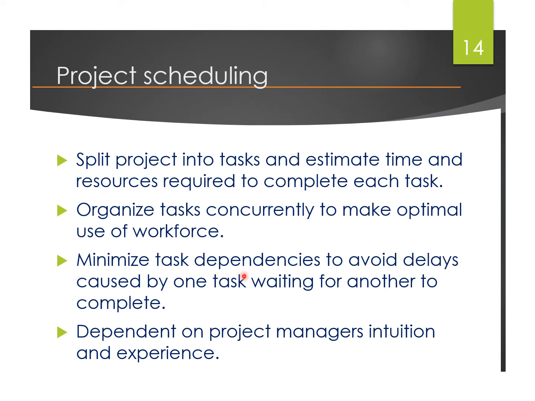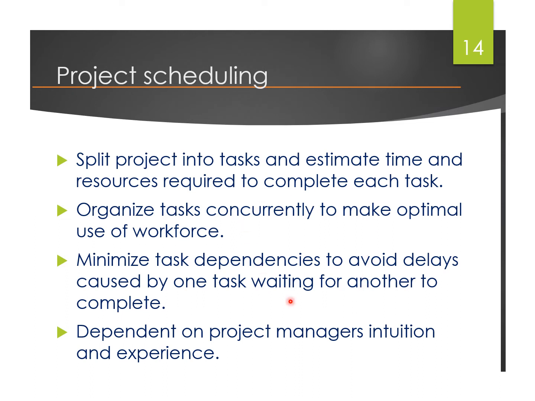If this happens, it might cause delay, because one task needs to be completed before the next one. So if you identify tasks that depend on one another, you need to focus more on them so that they do not drag the entire process, right?